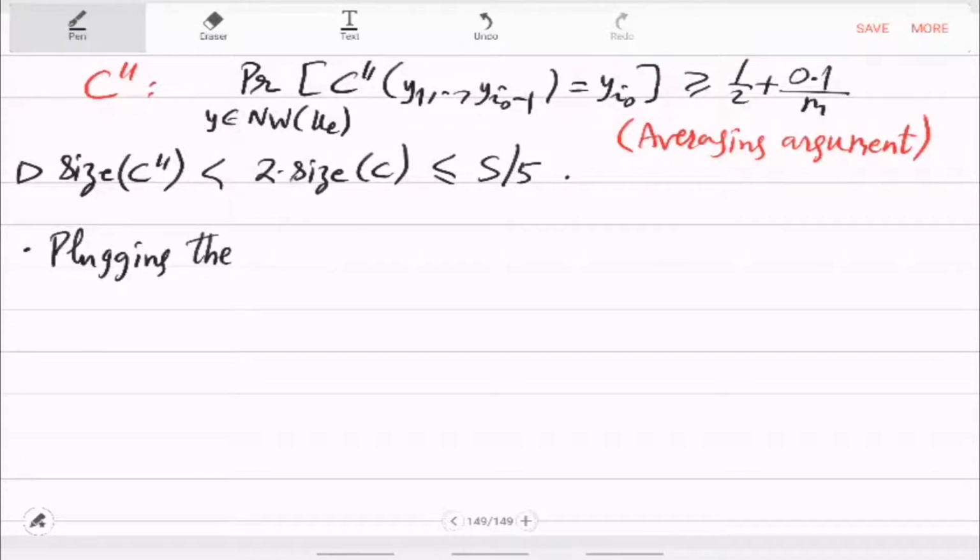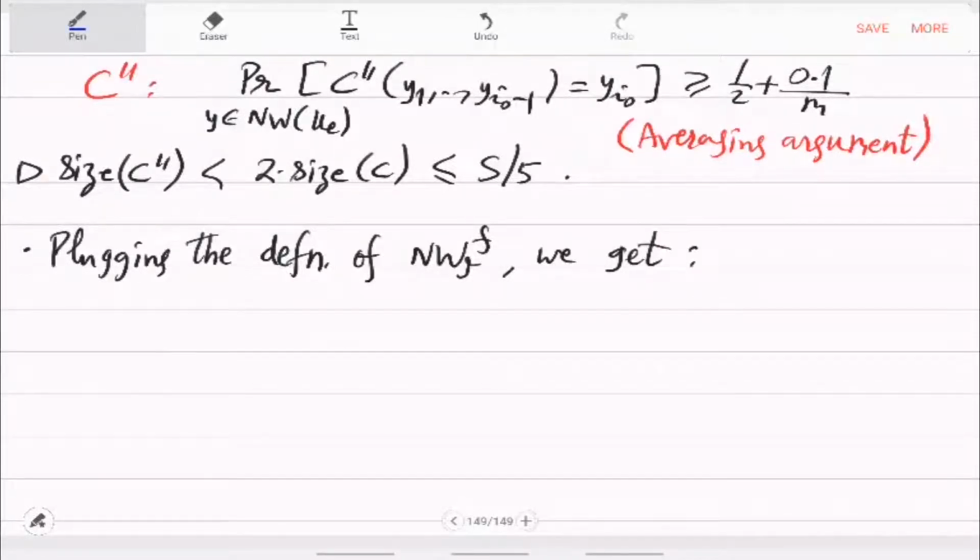So plugging the definition of NWIF, we get the following, that the probability of C prime prime, what are these y's, right? Y's are just evaluations of f on the substring of seed Z using the design.